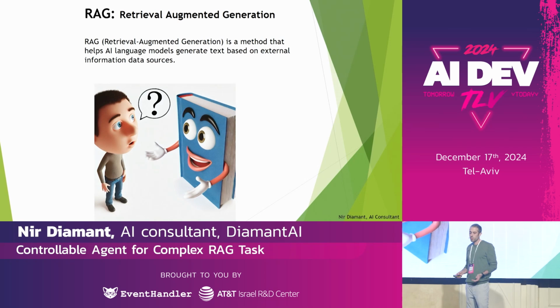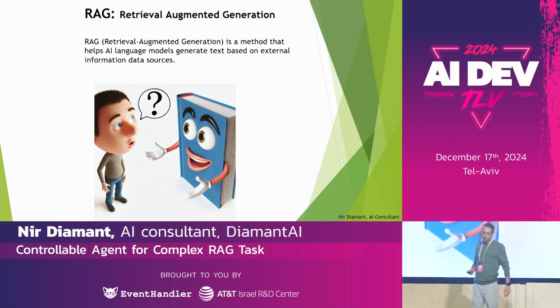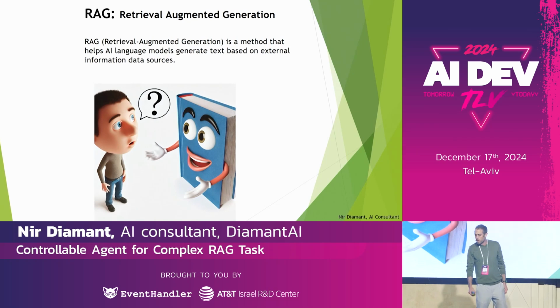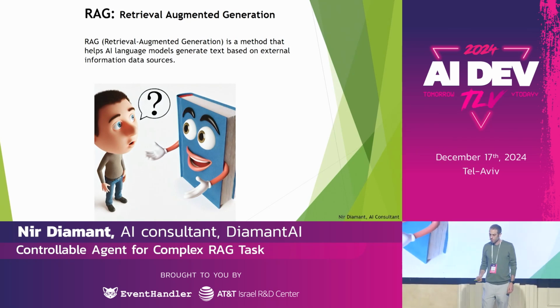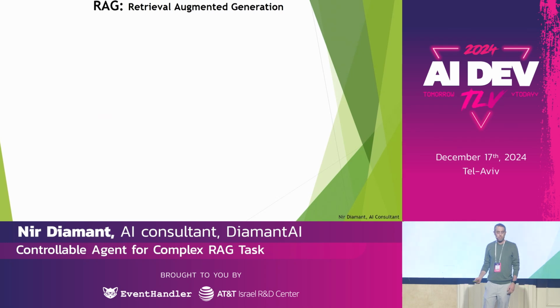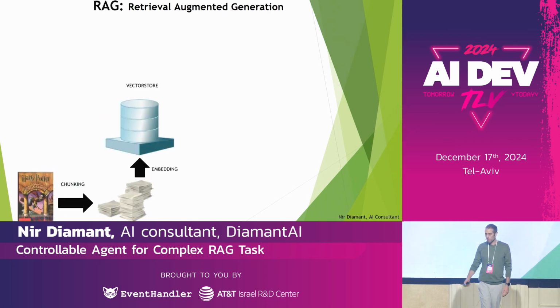All right, so in a sentence, for people who are not familiar with the term, RAG is an acronym for retrieval-augmented generation. It's a method that helps AI language models to generate text based on external information data sources. How it works: we take our Harry Potter book and we chunk it. We can chunk it into sentences, pages, whatever granularity you choose.